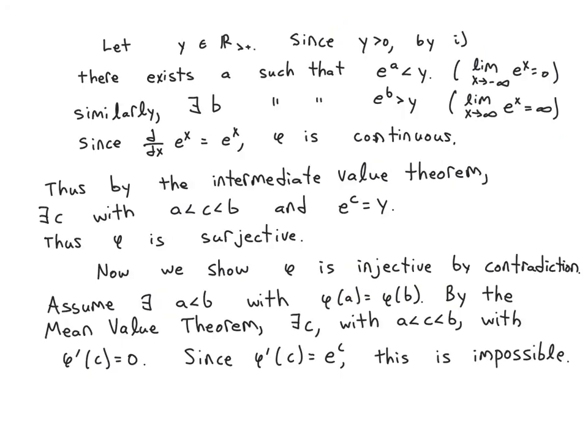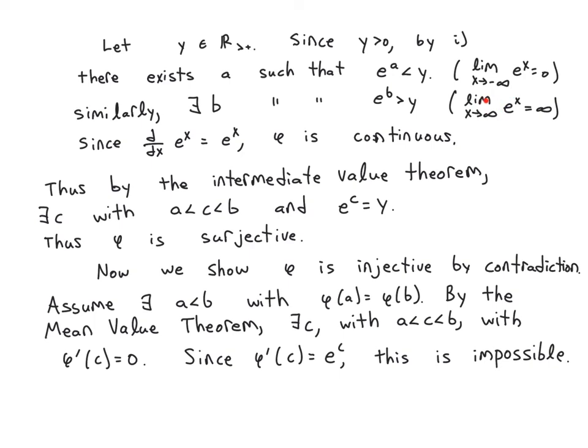So let's prove the function surjective. Well, what do you need to show? You need to take a positive real number y, and show that there exists an x such that e to the x is equal to y. Here's how we're going to do it. Since y is a positive number, and since our limit as you go off to negative infinity is 0, there must be some point a where e to the a is less than y.